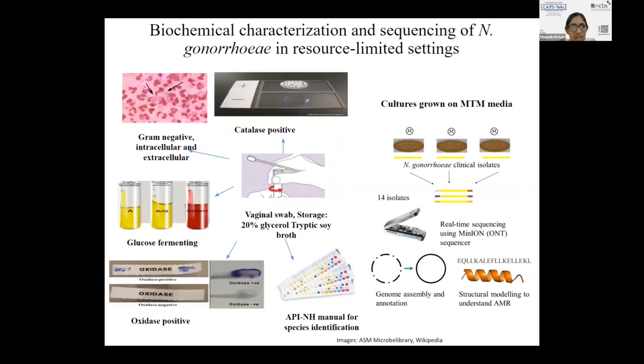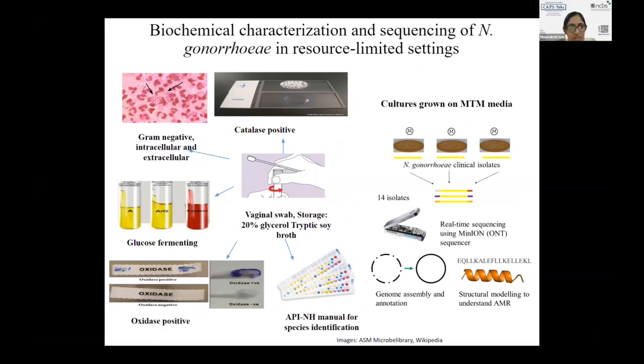So at the University of Nairobi, to identify the strains, a biochemical characterization was carried out. In developing countries, biochemical tests such as API NH manual are usually used for species identification.